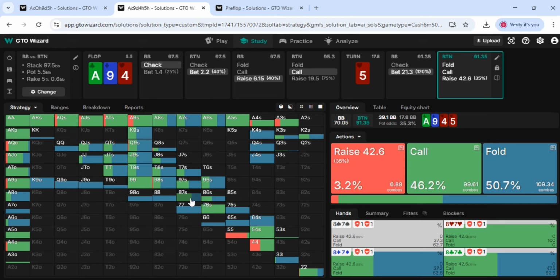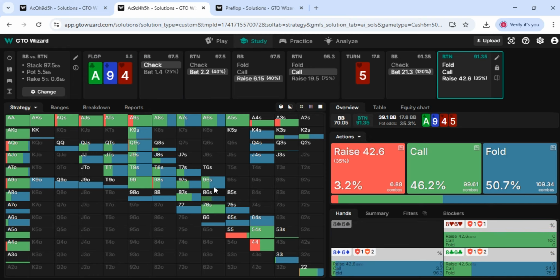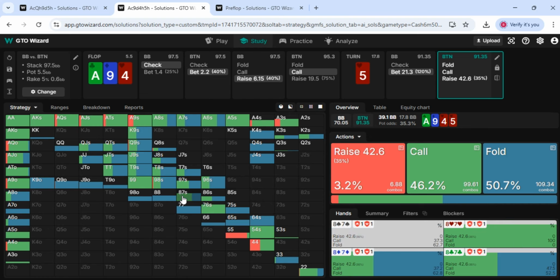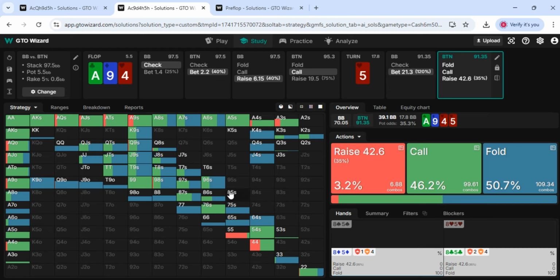Well, a solver is calling hands like 8-7 suited, 8-6 suited, a hand like pocket tens, pocket jacks. These hands are not going to be calling in reality. Pocket jacks, if it decides to call flop, will definitely fold turn. Pocket tens, the same thing. And a hand like 8-7 or 8-6 will also fold turn. So what happens is we need to be attacking.